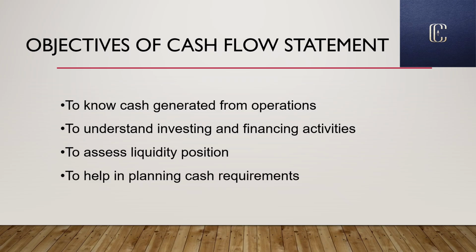For example, a company shows profit of rupees 5 lakh, but cash from operations is rupees 50,000 only. That is a dangerous signal. Why? Because profit may be due to credit sales or from accounting adjustments or from non-cash incomes.